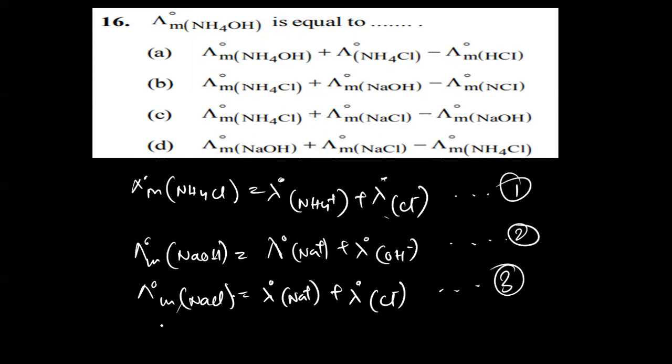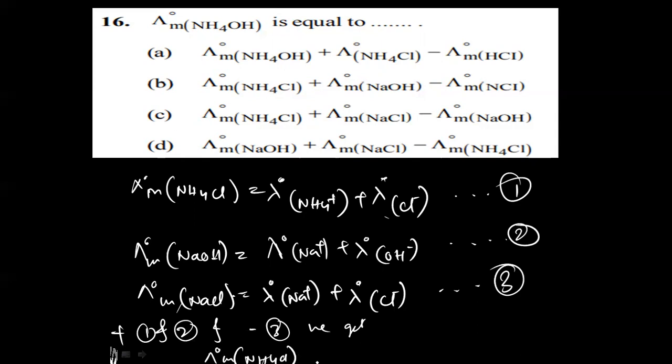And on adding equations 1 and 2 and subtracting equation 3, we get the final equation like lambda m of NH4Cl plus lambda naught of NaOH minus lambda naught m of NaCl, which is equal to lambda naught m of NH4OH.